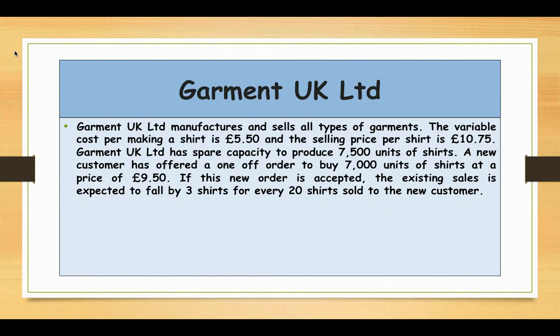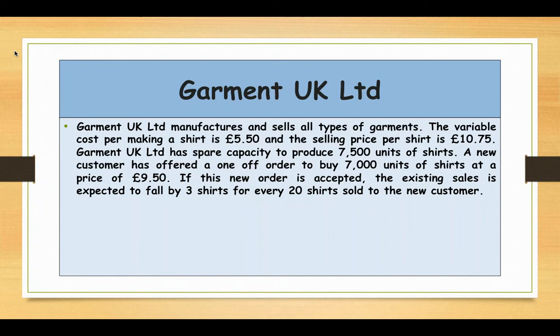So we can calculate the contribution per shirt: the selling price of 10.75, take away the variable cost of 5.50. So the contribution per shirt is £5.25.